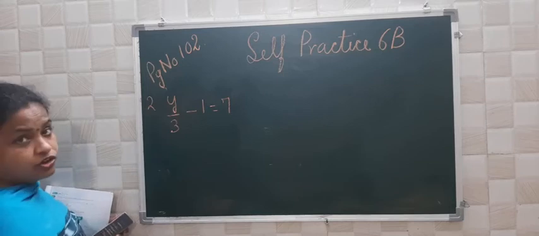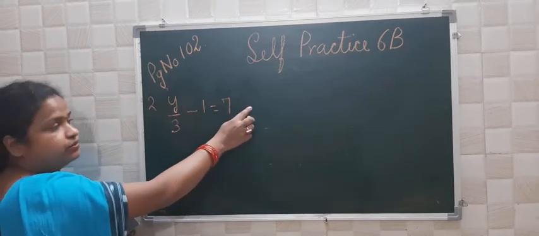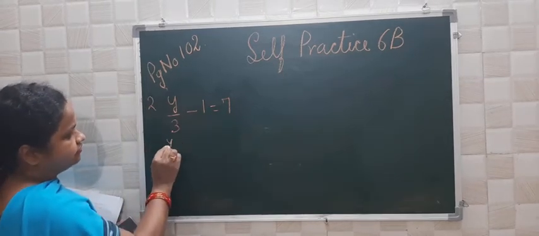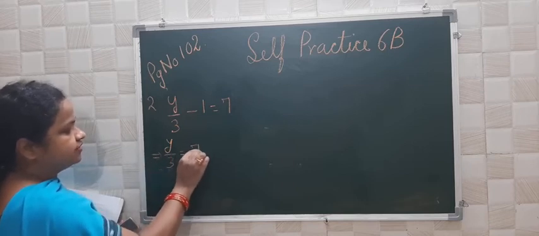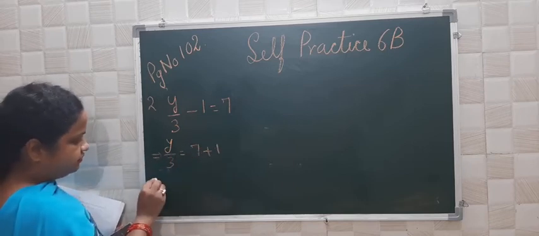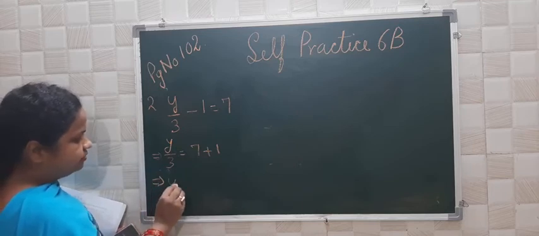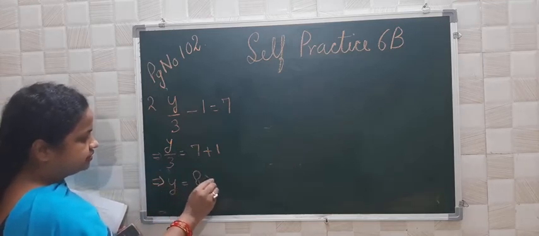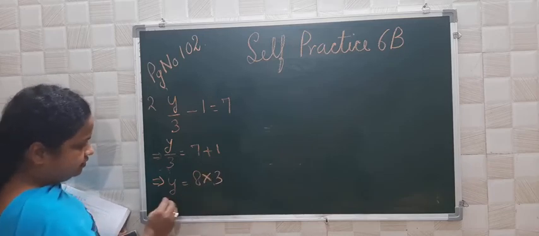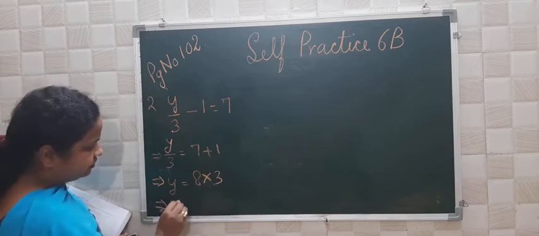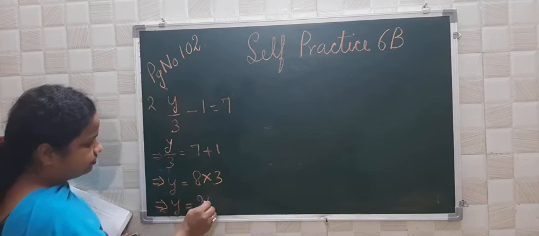Okay. Now what will you do? This minus 1 will go to the right hand side. So it will become y by 3 is equal to 7 plus 1. So therefore y will be equal to 8 into 3. So y will be equal to 24.